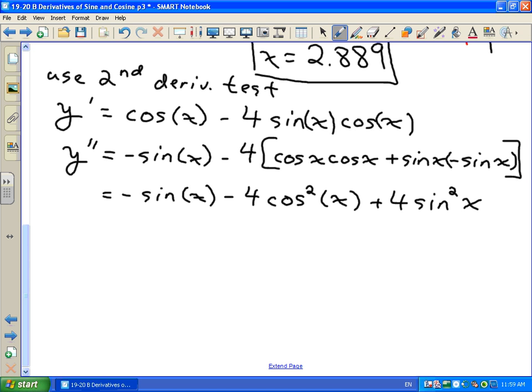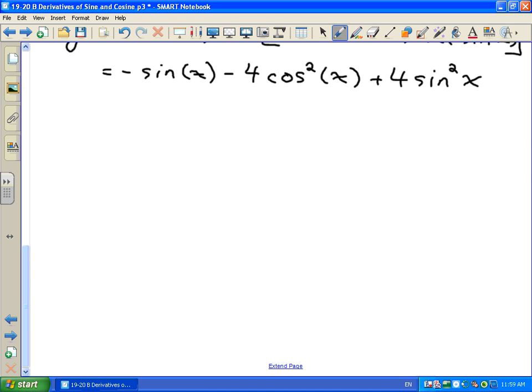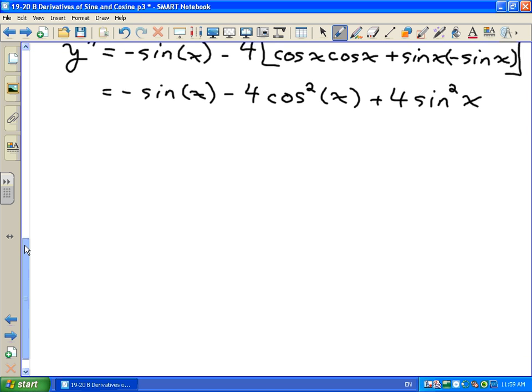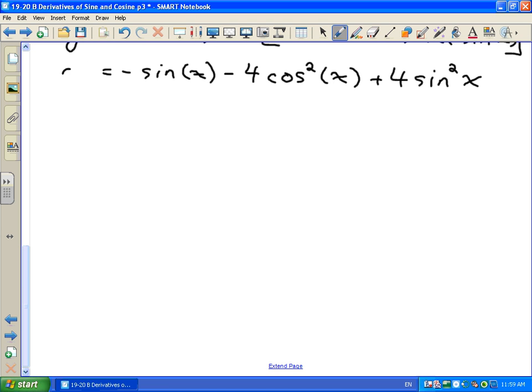So probably what you would do is just do this numerically. Punch these things into your calculator. So if x is pi over 2, figure out what y double primed is. And I've done this. Y double primed works out to be 3. Okay?